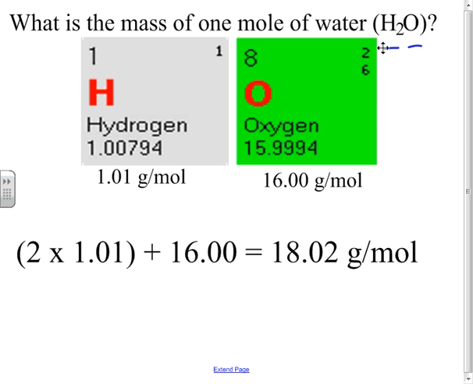So we're going to round to 2 decimal places and then multiply it by 2 to get the mass of hydrogen in water. And then oxygen, there's only 1 oxygen atom, and so we're going to leave that at 16, and add them together. The molar mass of water is 18.02 grams per mole, 2 hydrogens and 1 oxygen.